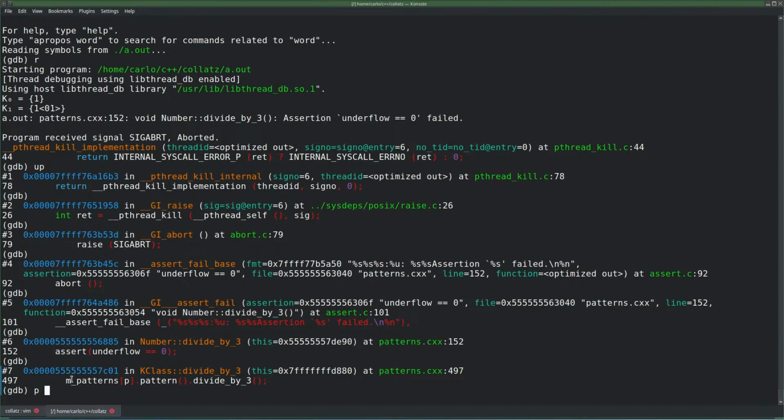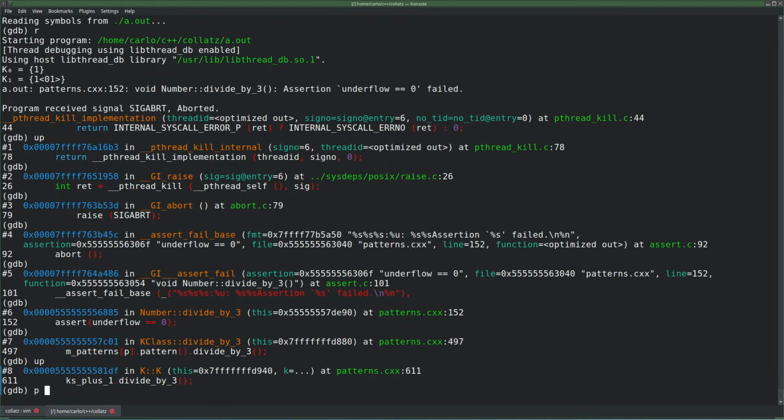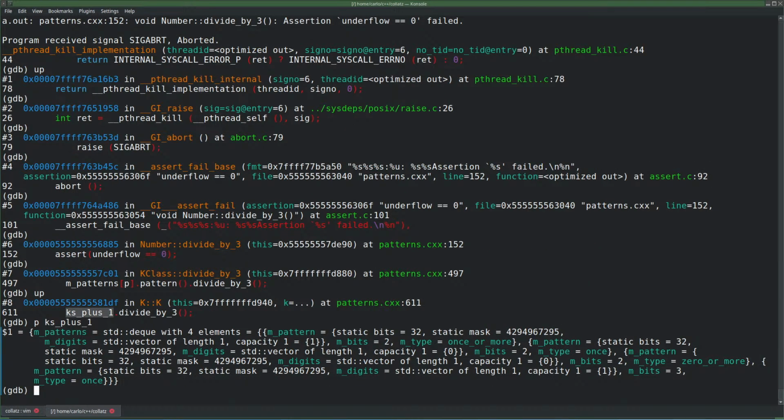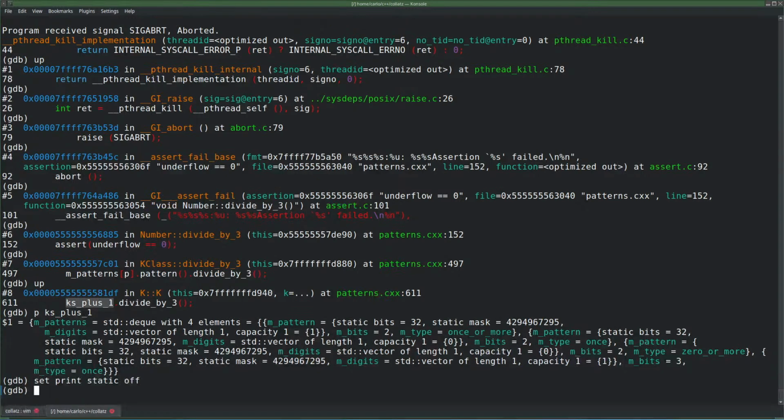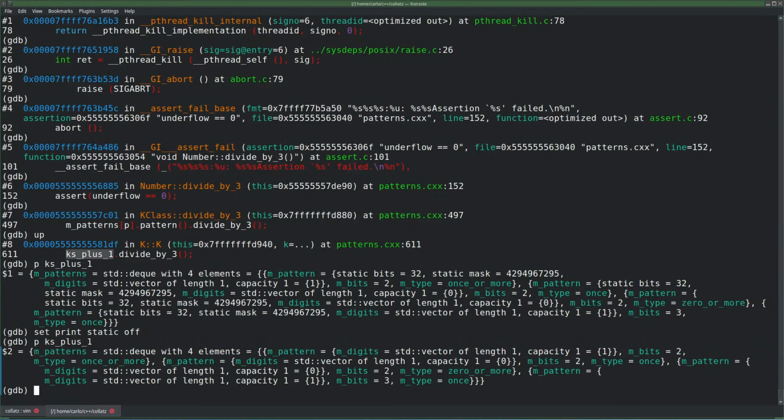Do we have a bit on divide by 3? I'm just going here. I have ks plus 1 is now... Okay. Ones, 3 bits: 1, 0, 0, 1, 0 or more. 2 bits, both 0.